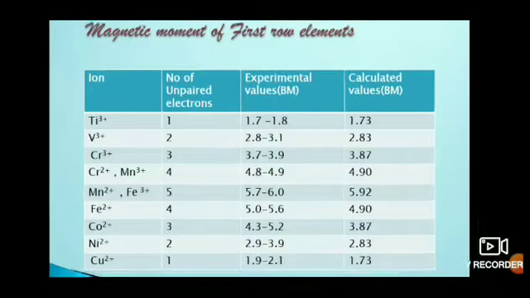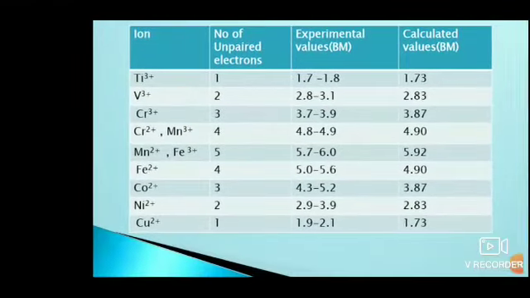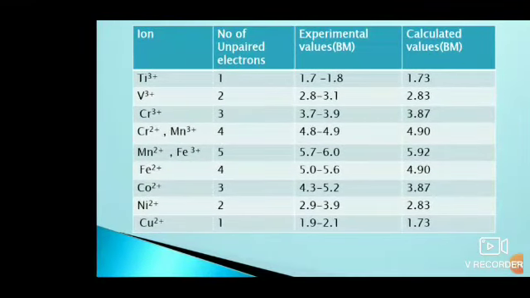And here we can observe two types of magnetic moments, that is experimental values and calculated values. The most important thing is that up to manganese 2 plus and iron 3 plus, the experimental values coincide with the calculated values, whereas from iron 2 plus down to Cu2 plus, the experimental values are somewhat higher than the calculated values.